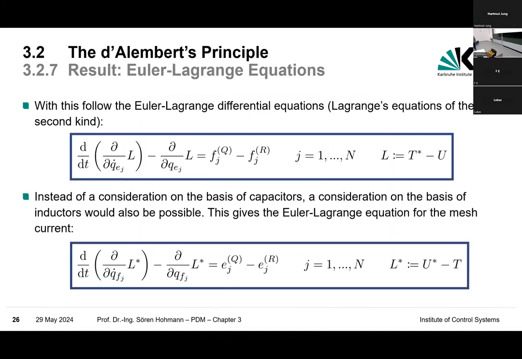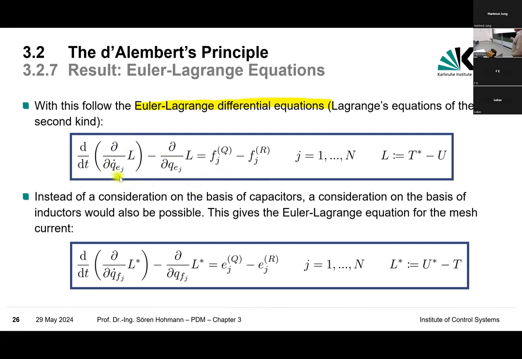With that, I put this here and say, then we get this equation. This is the so-called Euler-Lagrange differential equation, or Lagrange equations of the second kind, which is given here. It reads as follows.